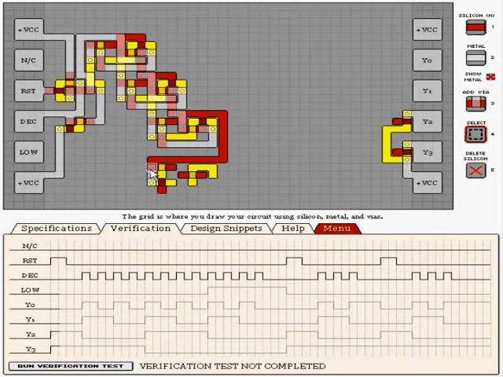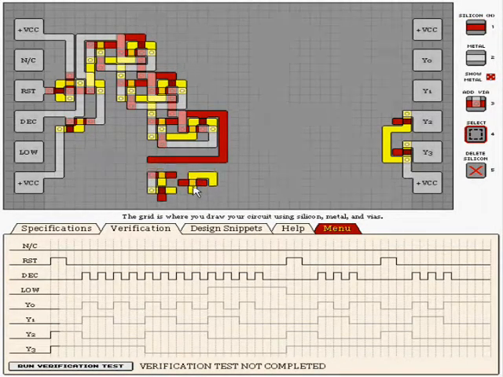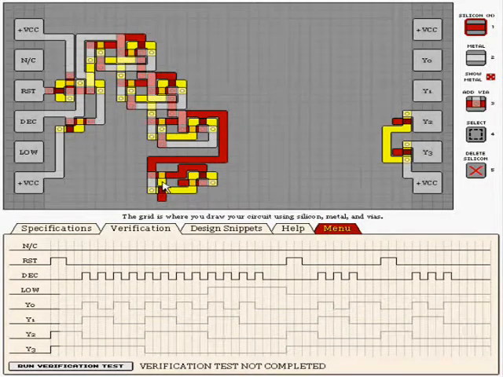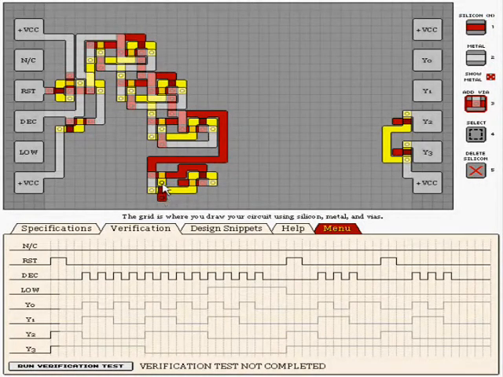Spacing. And we have to get our power somehow down there.